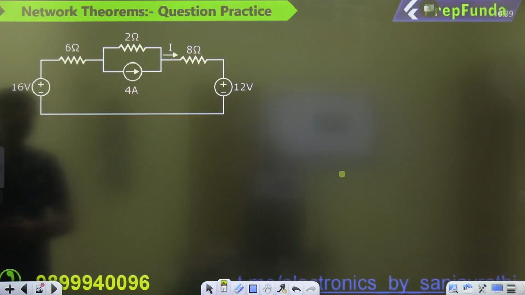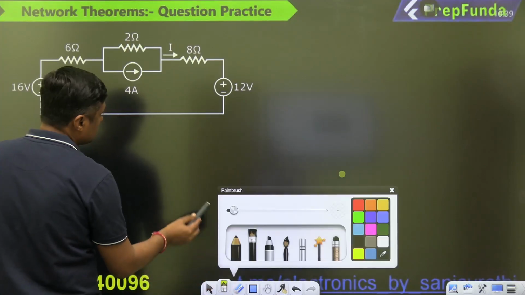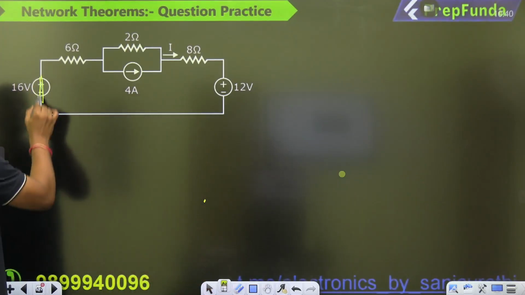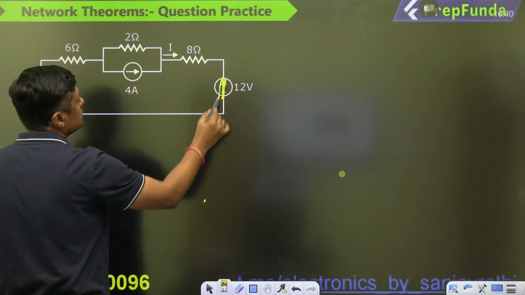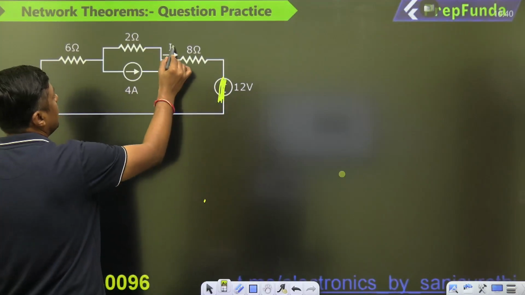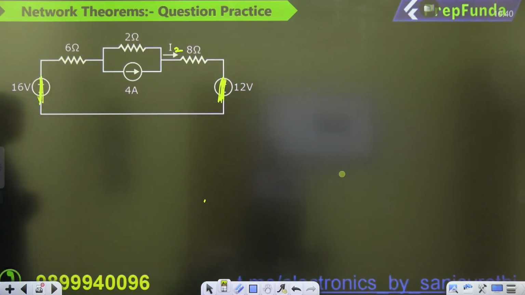Then similarly, you can make this short circuit. Now what is I2, because of the 4 ampere current source? How can you find it? You can apply the current division rule, or you can write a KVL like this.